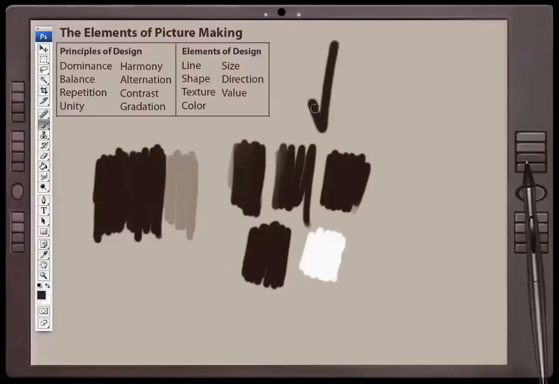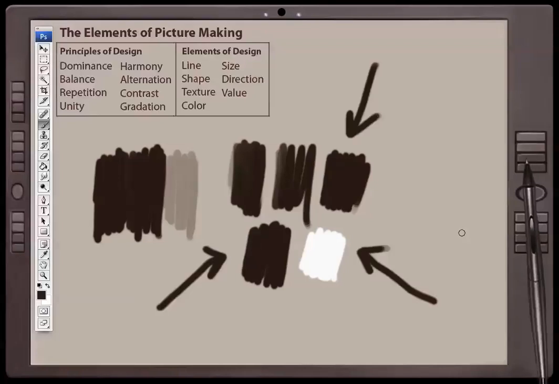This kind of dominance through repetition results in accumulated size, because when you keep repeating something, it accumulates, and what you wind up with is more of it, and because of that, it dominates over that which there is less of, like here with this white value. There's less of that white value than there is of the dark value. So here's an example of dominance through repetition.